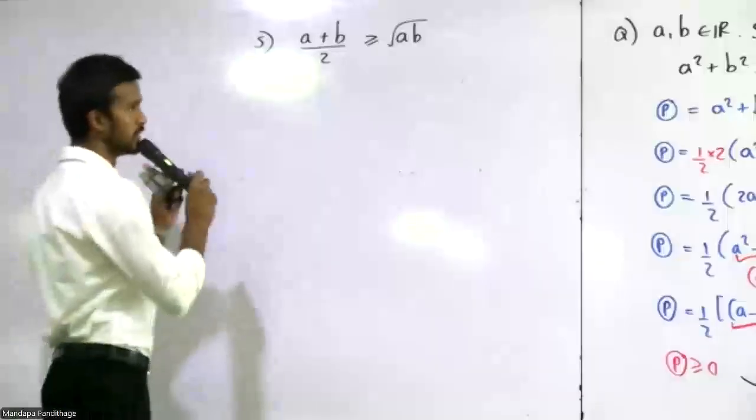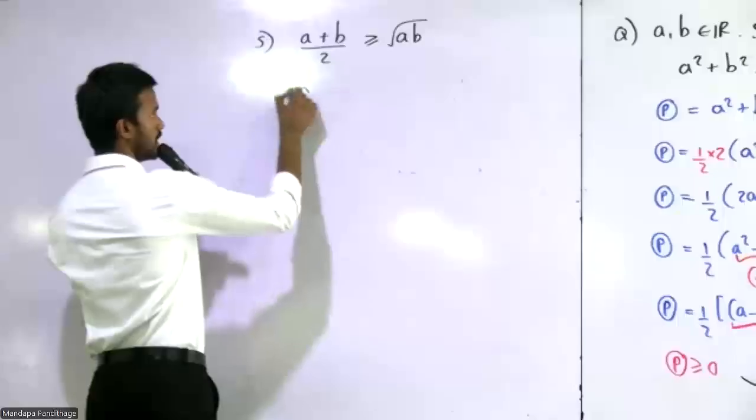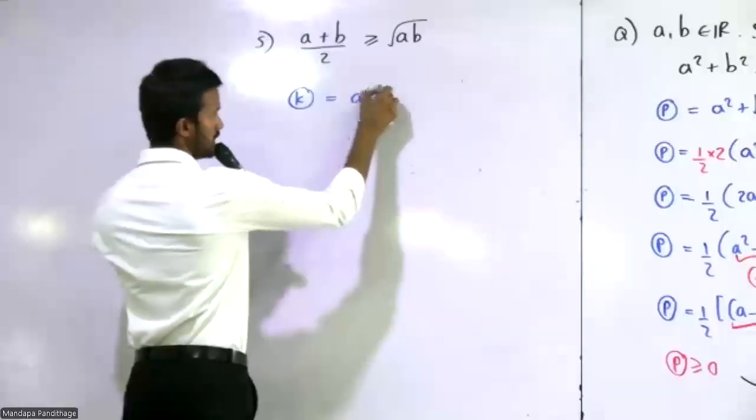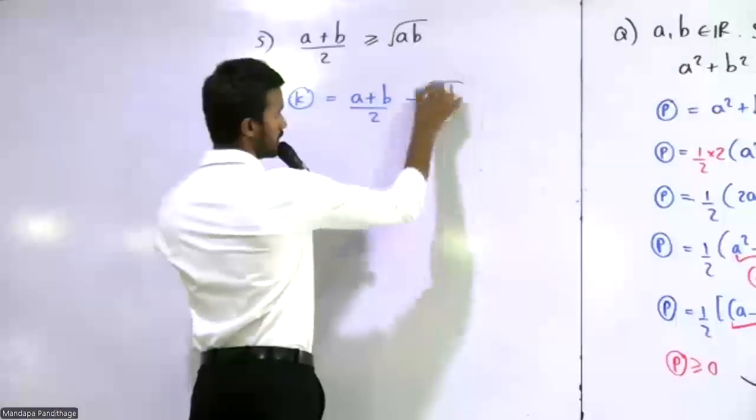Let's name this as K. It's A plus B over 2 minus root AB.